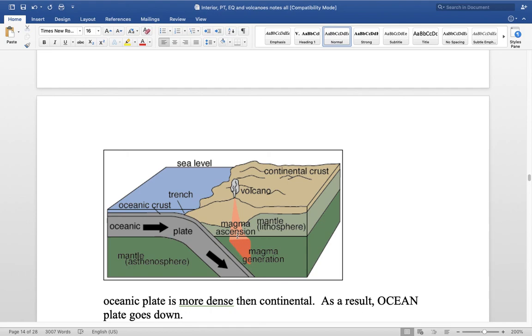That magma is going to rise up and burst through the crust, and that becomes a volcano. And right there, where you can see it diving, okay, because it begins to dive, that's going to create that deep, narrow valley in the water we call a trench. So you've heard of some landforms now, okay? You've got ridges, trenches, subduction, not really a landform, but you've got an action that causes the trench.